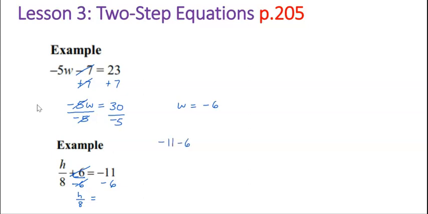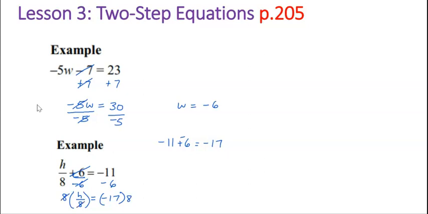Be careful here, you may need same, change opposite. That's negative 17. So now we've isolated the term where the variable is. We are going to now isolate the variable. We are dividing h by 8, so therefore we're going to multiply by 8 on both sides of the equation.